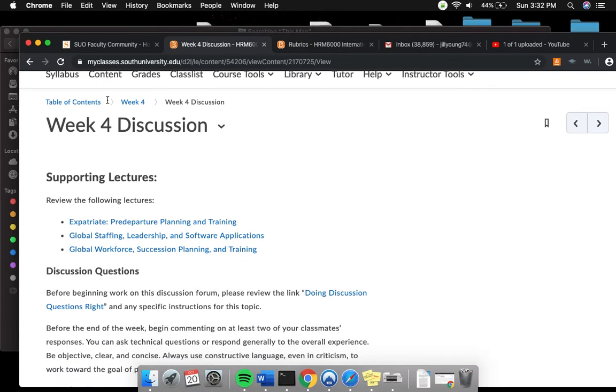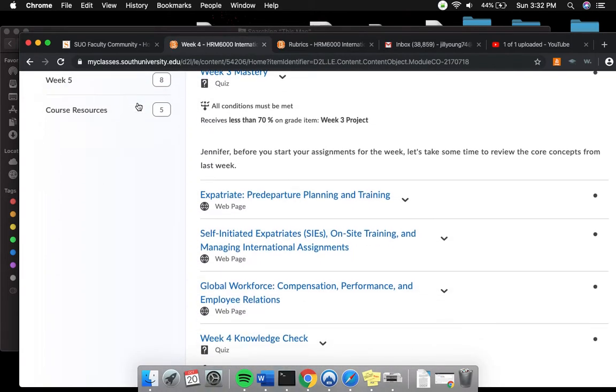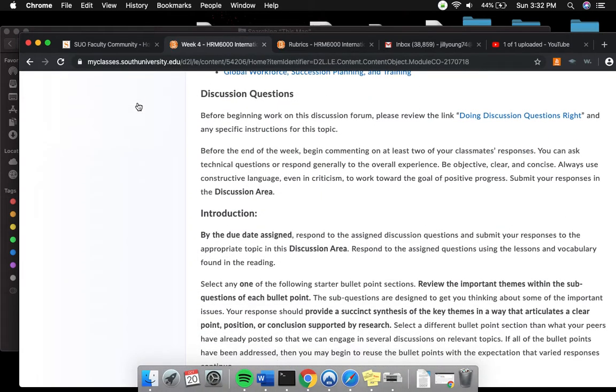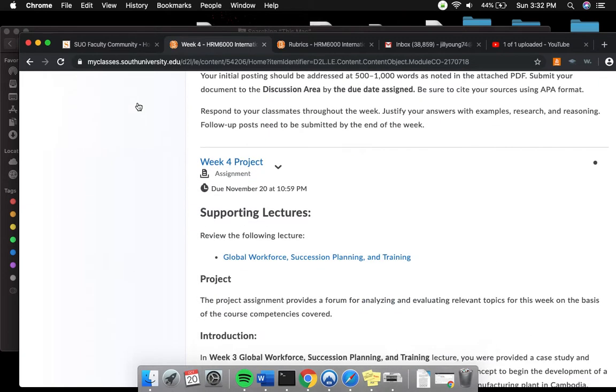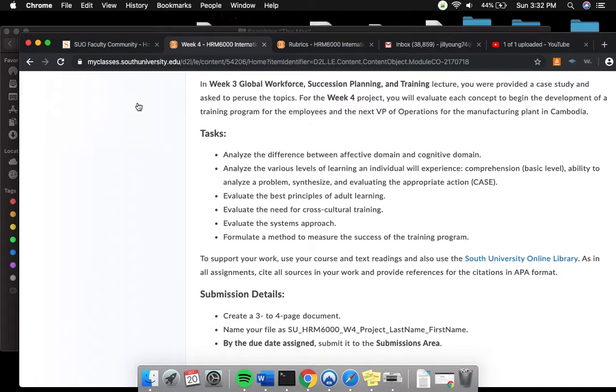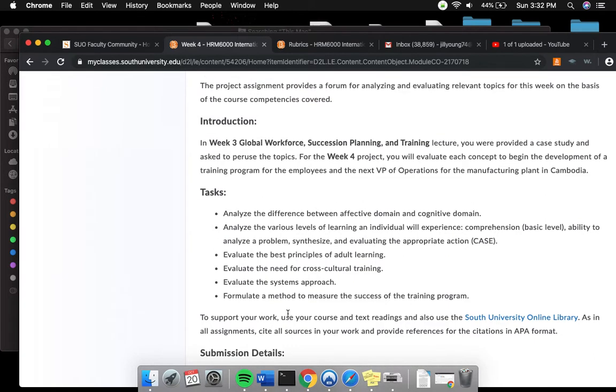So I'm going to go into the project for week 4 and get down to the requirements. Same as far as the page range, content, and level, it's about the same as last week.